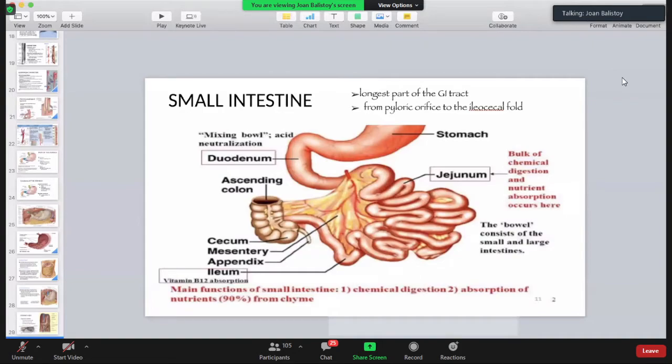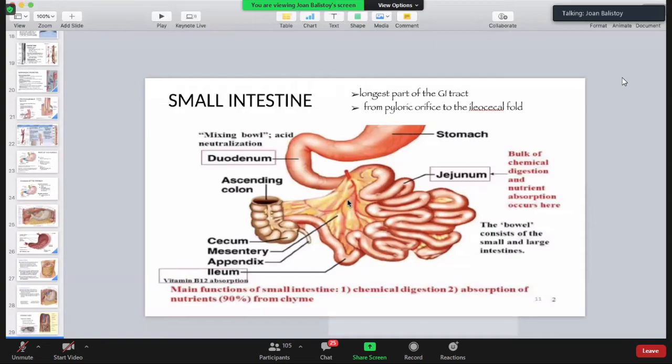The small intestine is 6 meters long. It is the longest part of the GI tract. It is from the pyloric orifice to the ileocecal fold. Okay? So it has three parts: the duodenum, the jejunum, and the ileum. This is the ileum. Okay?